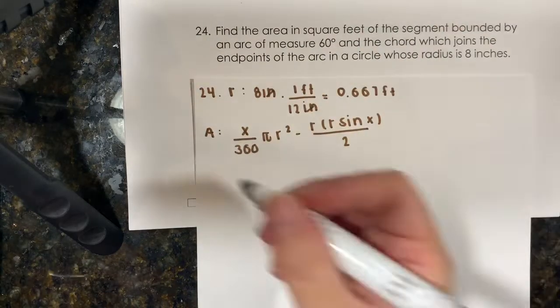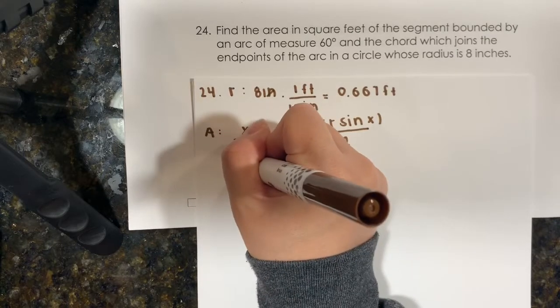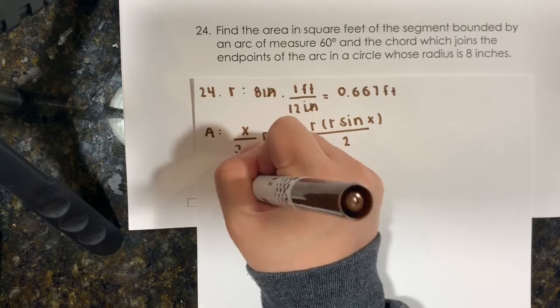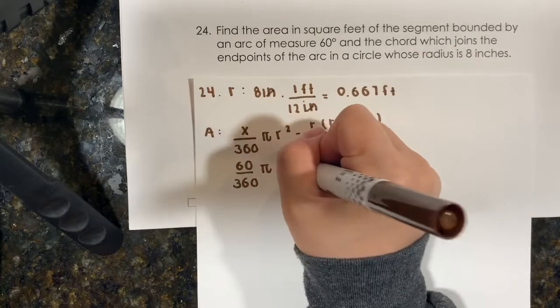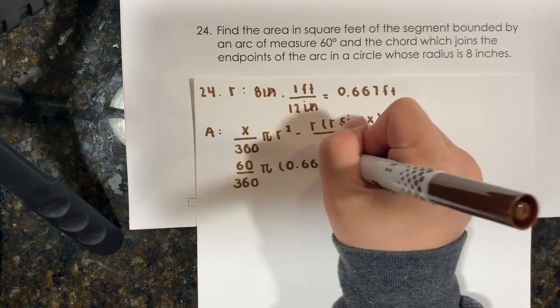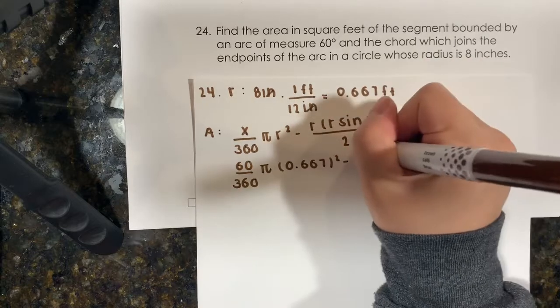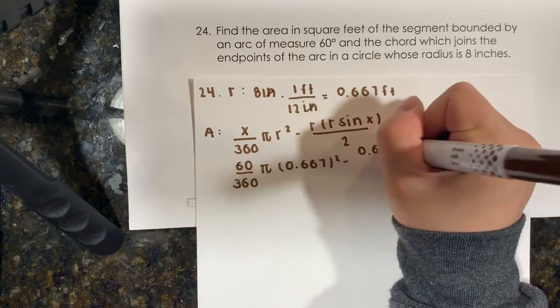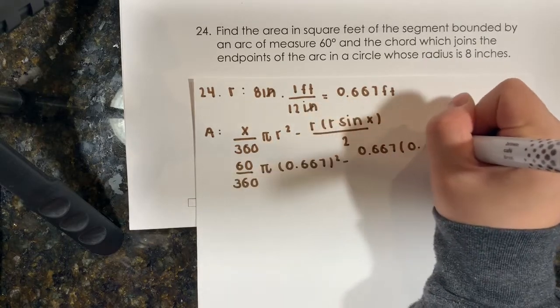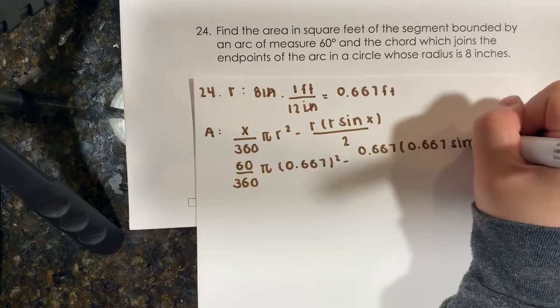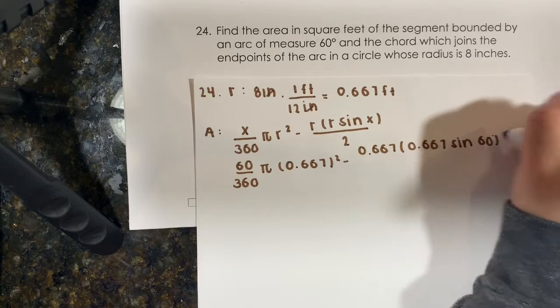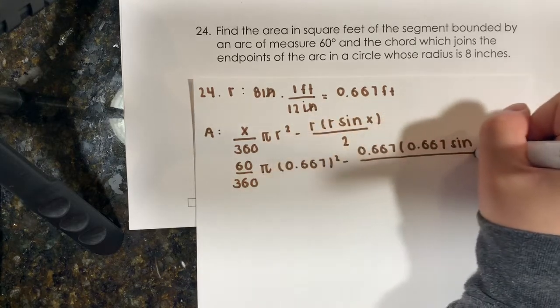So our x is the degrees, which would be 60, so 60 over 360 times pi times 0.667 squared minus 0.667 times 0.667 sine of 60 divided by 2.